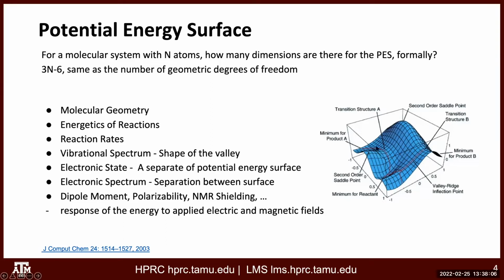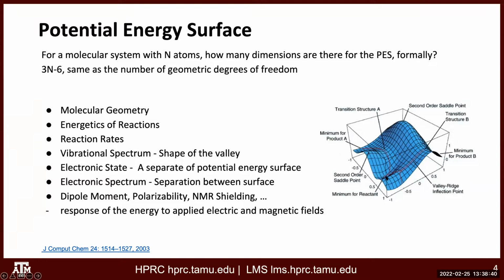There is more than one reaction path like that, connecting different minima, different intermediates. Each molecular geometry corresponds to a position on the potential energy surface. The energetics of a reaction is the height difference between these minima.